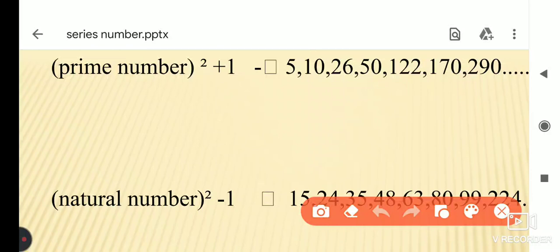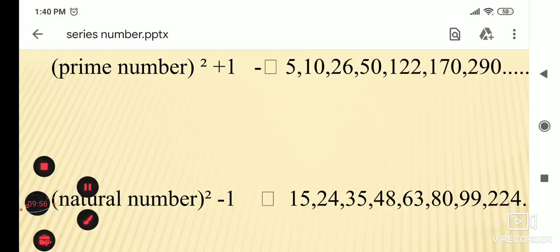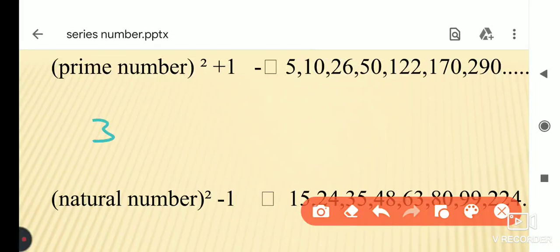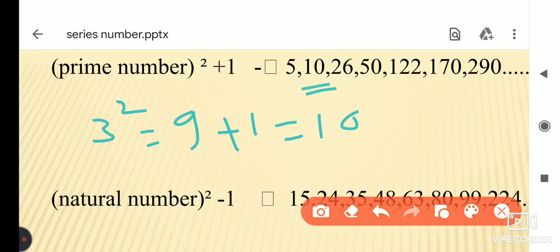Okay, so the square of 2 is 4 plus 1, we get the answer, that is 5. Okay, the second number, that is 10. The second prime number is 3. The square of 3 is 9 plus 1 is equal to 10. So we get the second number.